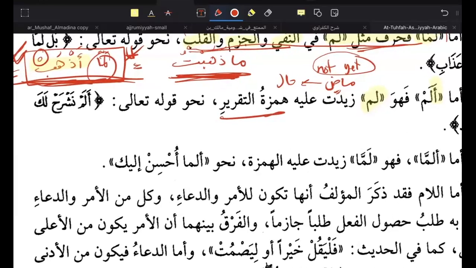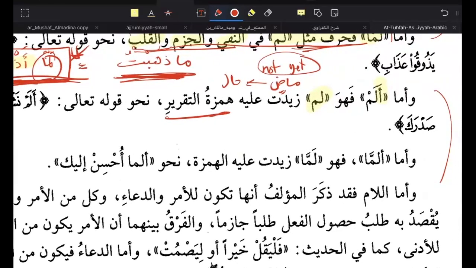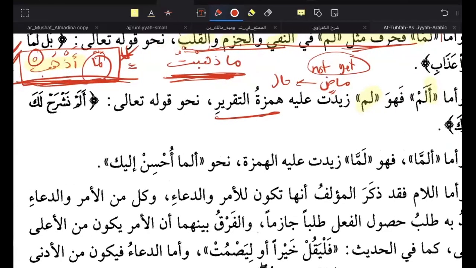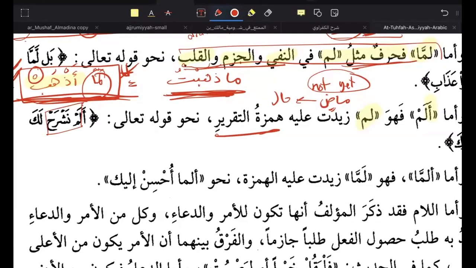For example, Allah says, Alam nashrah laka sadrak. So here's Lam. If you remove the Hamza, you say, we did not expand. Sharaha, the way we know sharh is meant to explain, but the meaning here is to expand. So when something is explaining to you what happens, your knowledge expands.